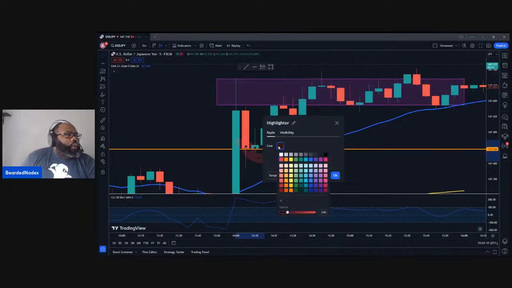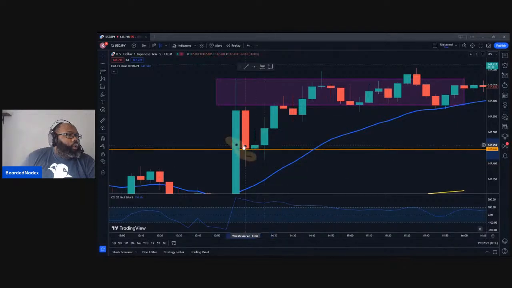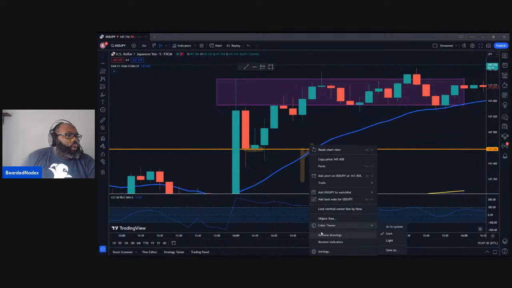Change this color. Let's get back. This is not good. Get that out of here. All right, actually, let's do it like this. We're gonna get rid of this for a second.